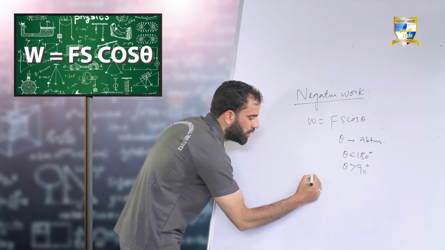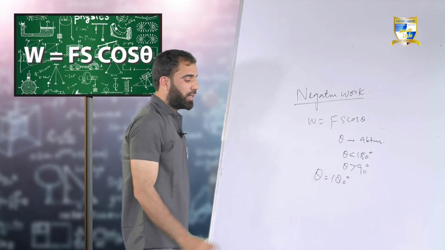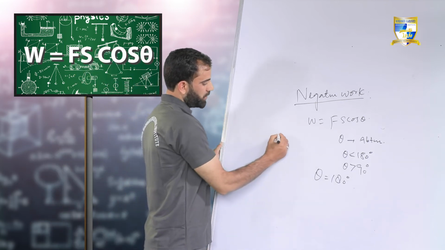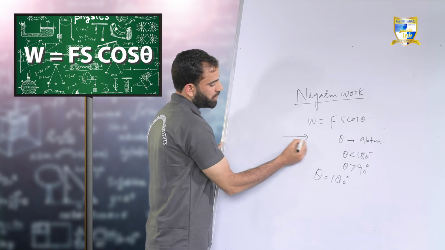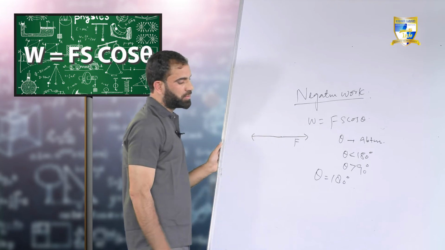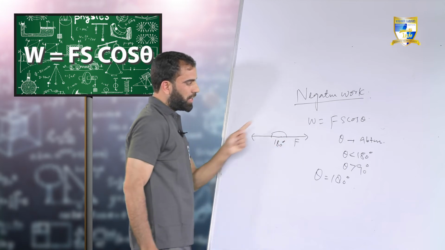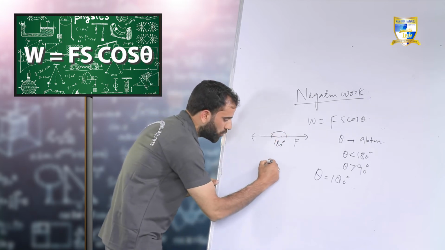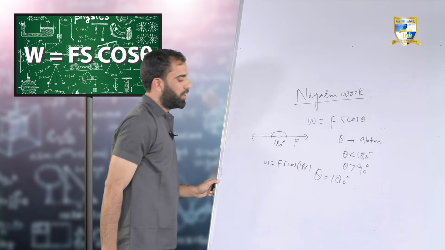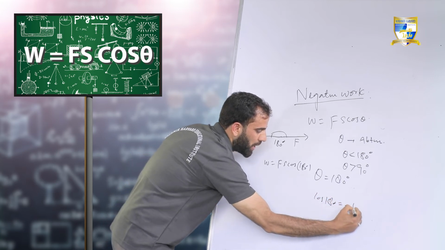Let us assume that my theta is 180 degrees. That is, the angle between force and displacement is 180. It is like this. If force is acting in the right direction like this, and the displacement is acting in the opposite direction like this, what will be the angle here? It will be 180. Let us calculate work done here. W equals Fs cos of 180 degrees. We know that cos of 180 degrees is minus 1.